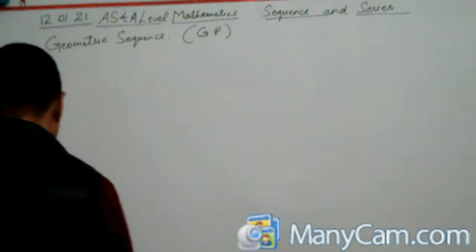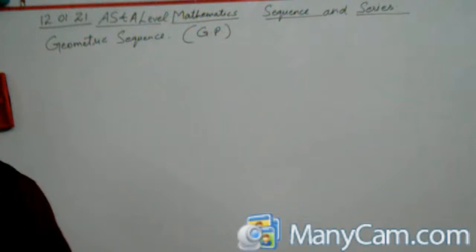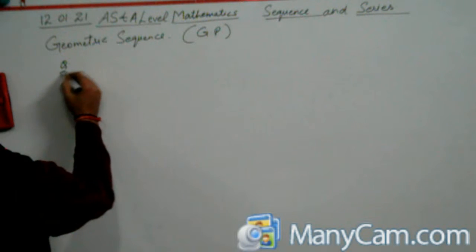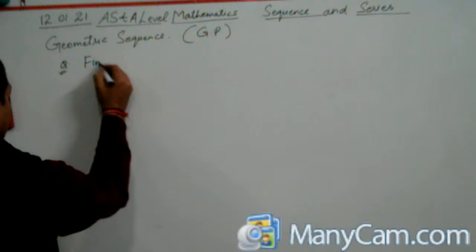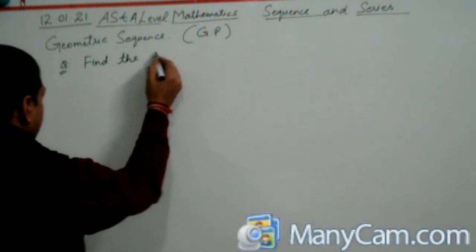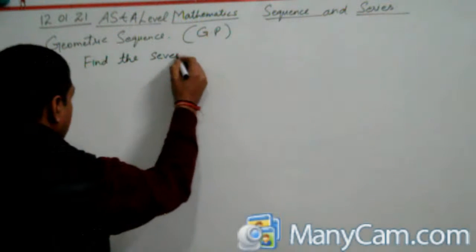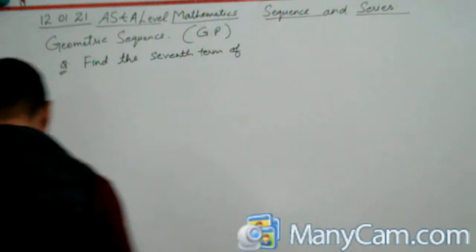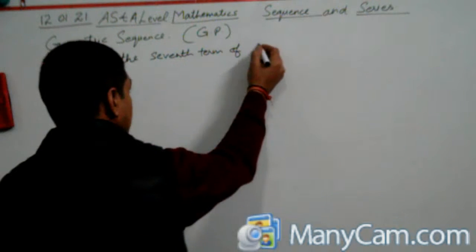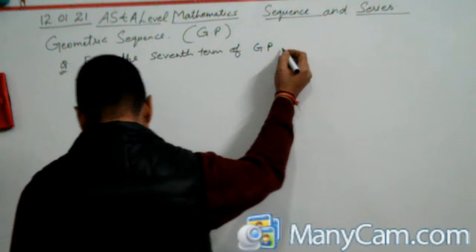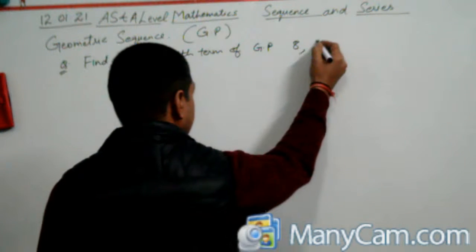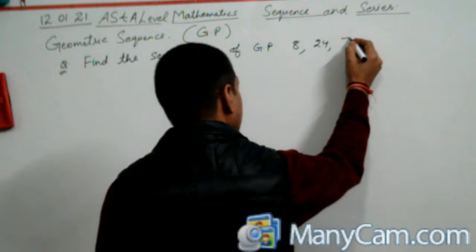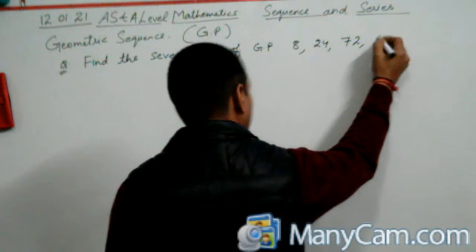The question is: find the seventh term of the GP whose terms are the sequence 8, 24, 72, 216.